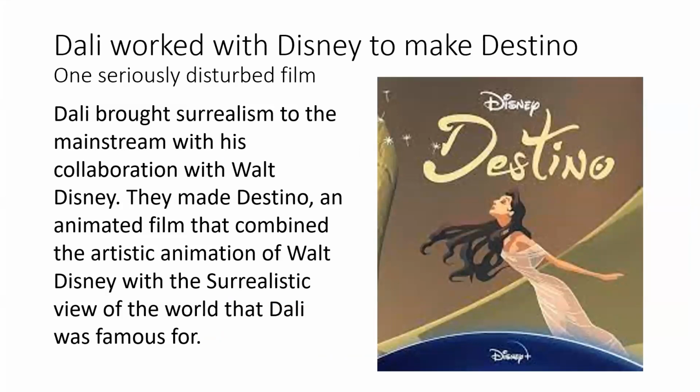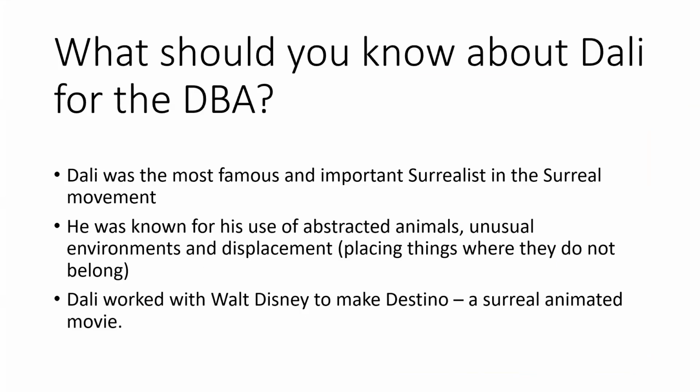And he worked with Walt Disney, and it was kind of an interesting collaboration. Disney's very mainstream. Dali was very surrealistic. It's a very crazy thing. We watched a few minutes of it, and you saw influences of both those neat animations that Disney brought, but some of that weird, twisted mind stuff that Dali brought.